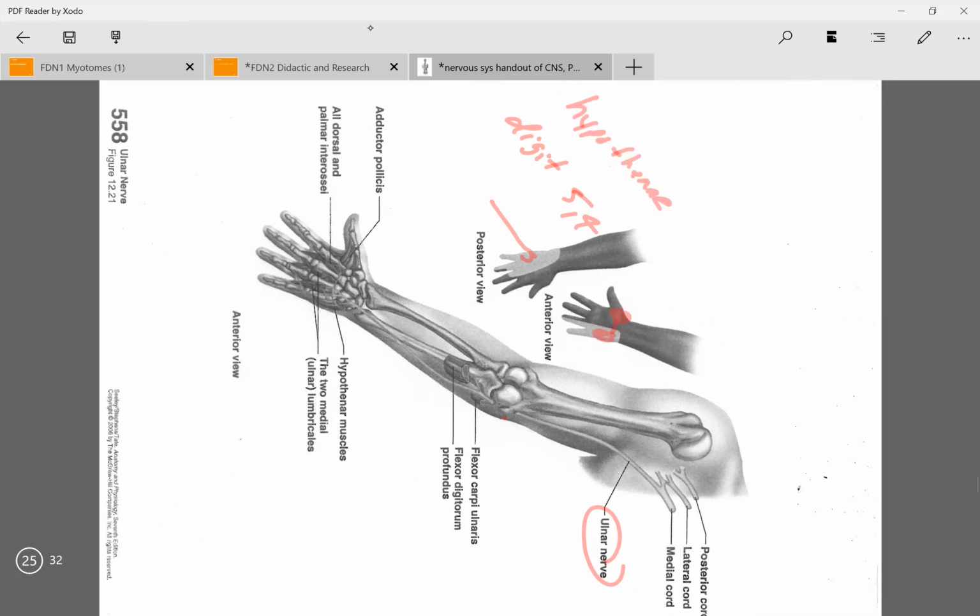Opposite it is the hypothenar area. So it innervates the hypothenar area, which is everything you're seeing here, including digit 4 and 5. That's sensory. Okay, this is C8 nerve root.